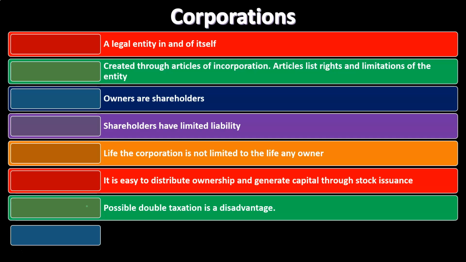The corporation actually pays tax, as opposed to a sole proprietorship, S corporation, or limited liability company. Those are flow-through entities where you'll do a separate tax return, but the actual revenue will flow through to the 1040 of the owners. So they're not taxed at the business level, whereas the C corporation is.